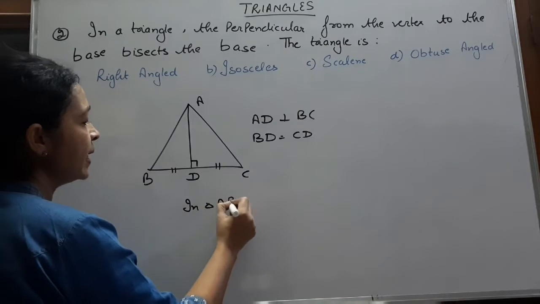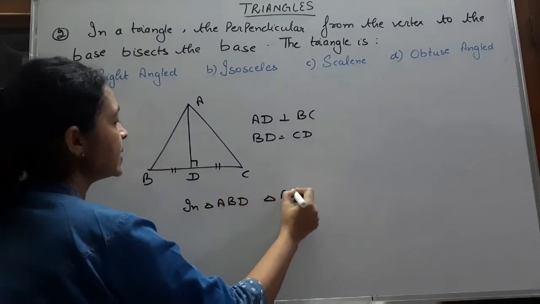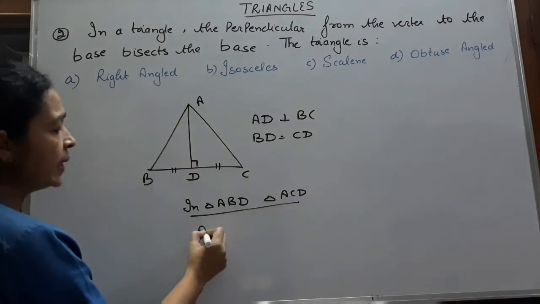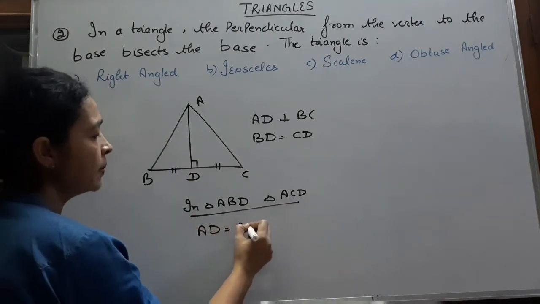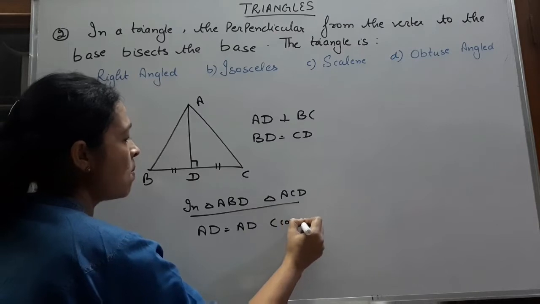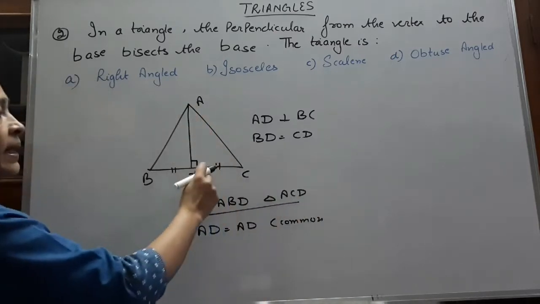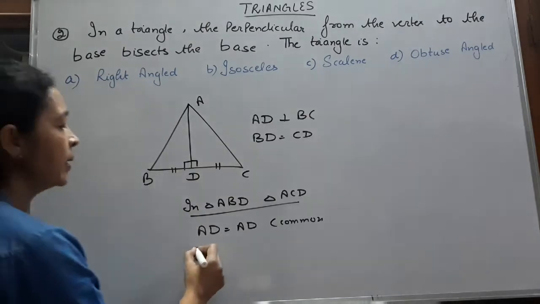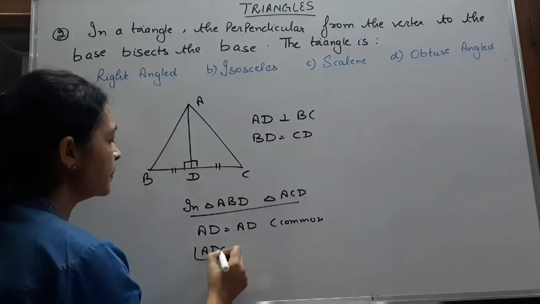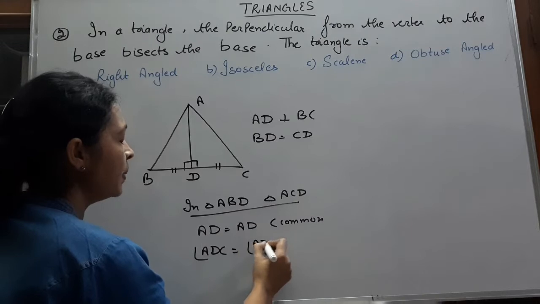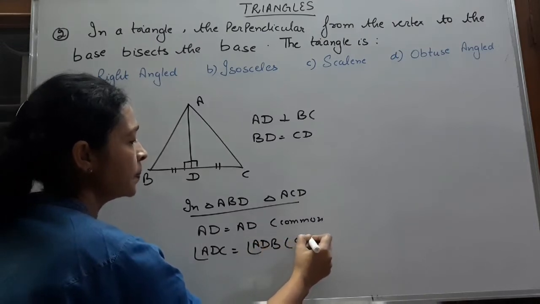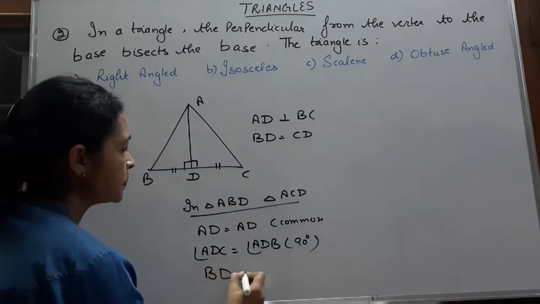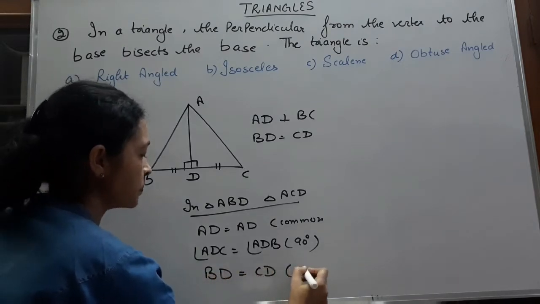In triangle ABD and triangle ACD, in both these triangles, AD equals AD, common. Angle ADC is equal to angle ADB, 90 degrees by linear pair. Now BD equals CD. This is also given.